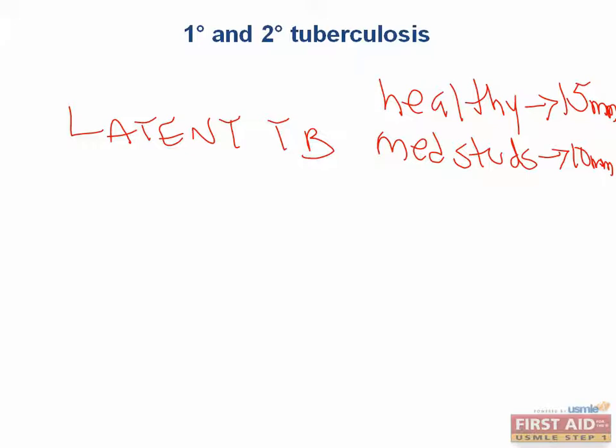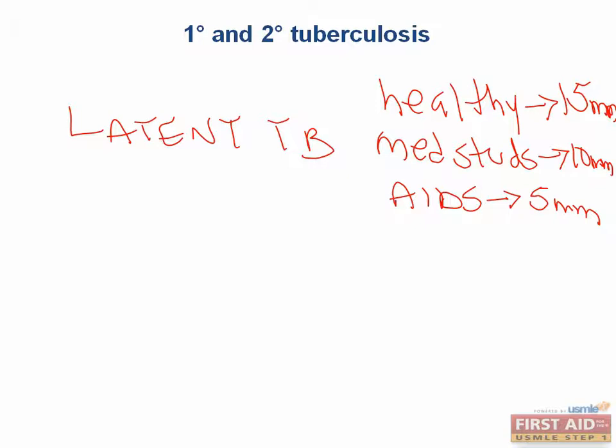Well, in this case, the answer is 5 millimeters. So AIDS, 5 millimeters. The reason is that in immunocompromised patients, because they have less immune cells floating around, our threshold is much lower for calling a reaction positive. They may not be able to mount an immune response strong enough to create an entire 15 millimeters of induration. Keep integrating that immunology. Let's go.